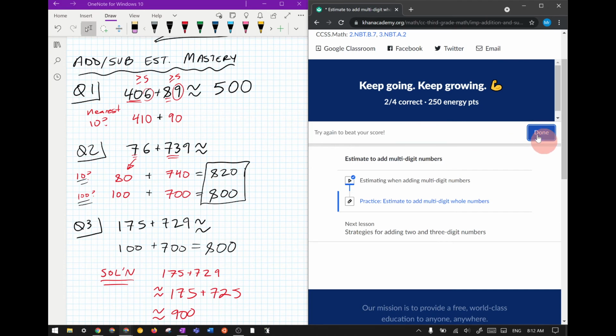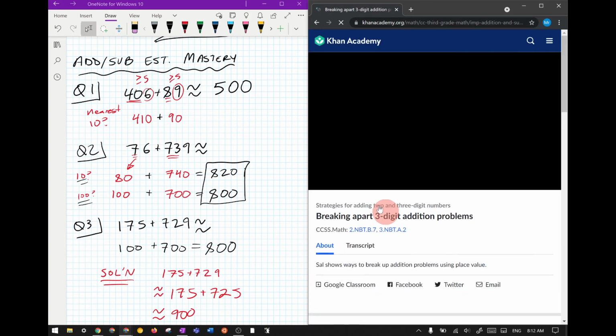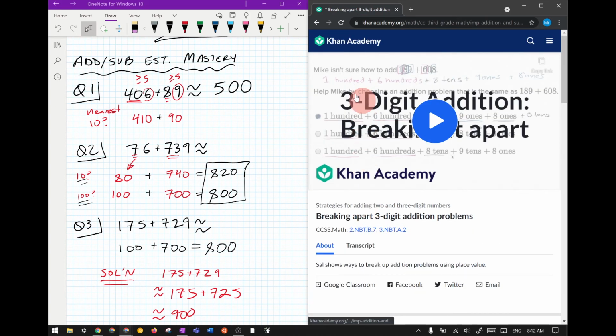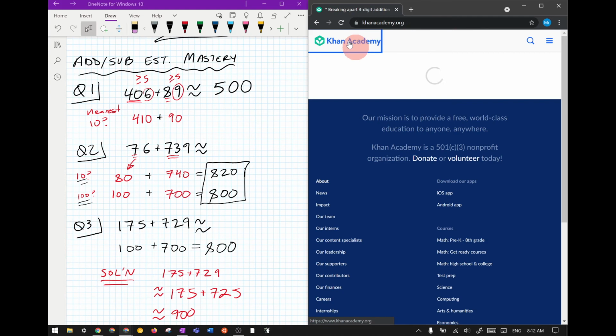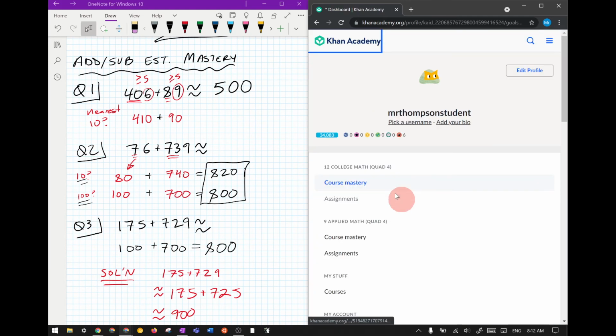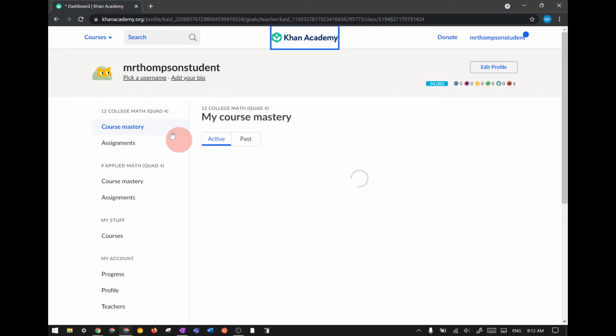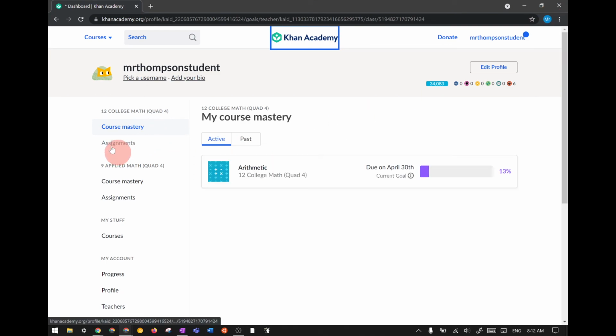Now, if you click Done, it should automatically bring you back to the home page here. I don't know why I didn't do that. And if we look under the Assignments tab, the main one that I want you to focus on is the Course Mastery, because that's what your goal is.